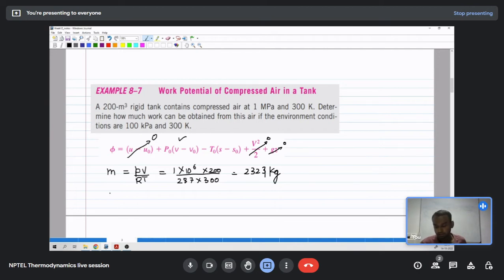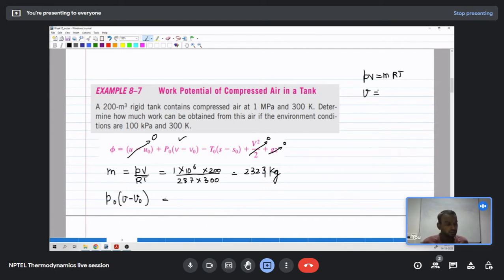Now I can calculate P naught into V minus V naught. V is given by the PV equal to MRT relation. I will initially calculate the availability for unit mass, and then finally multiply by the mass to get the availability of the total system.